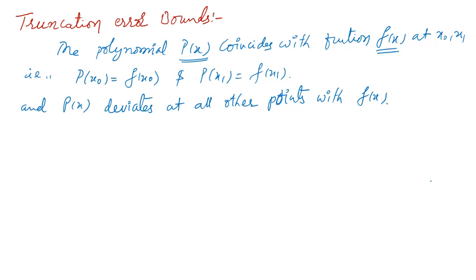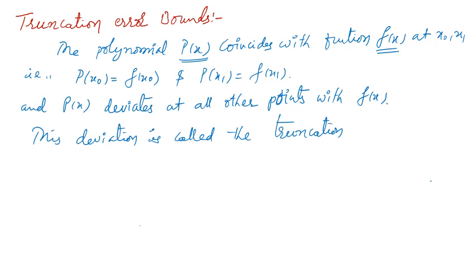That means P of x is not equal to f of x at all other points. This deviation is called the truncation error.